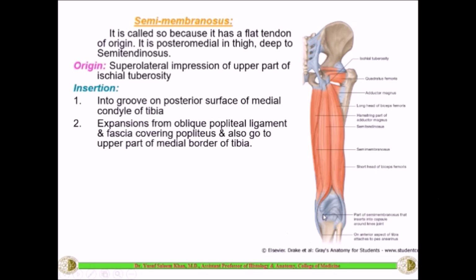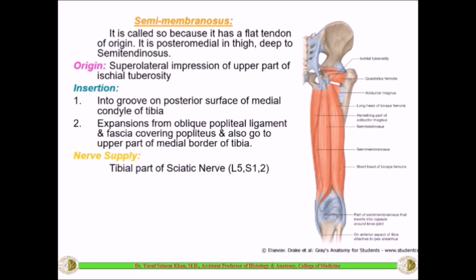If you can see here, this is the part of the semimembranosus that gets inserted to the capsule of the knee joint, along with the oblique popliteal ligament and the fascia covering the popliteus. So it gets inserted not only to the medial condyle but also some of the fibers go to the capsule as well as the oblique popliteal ligament around that.